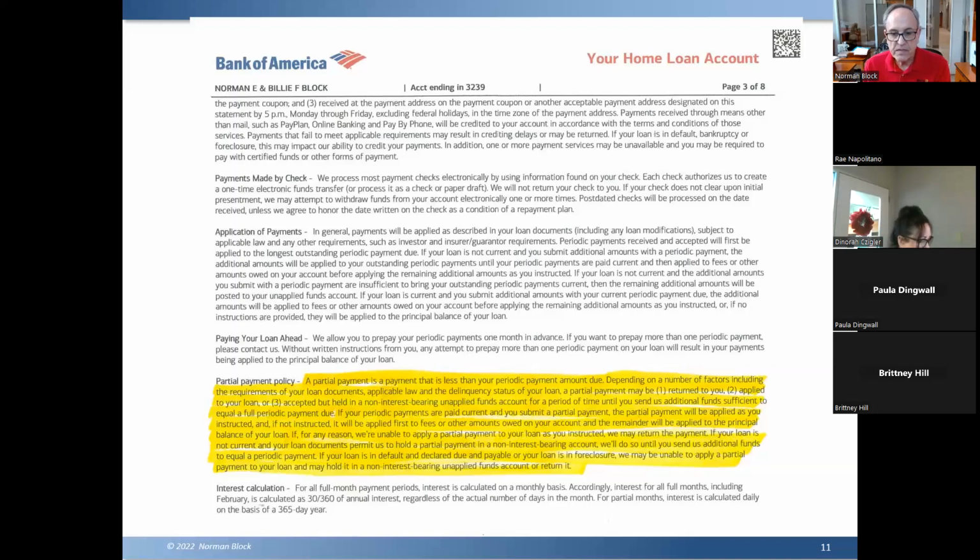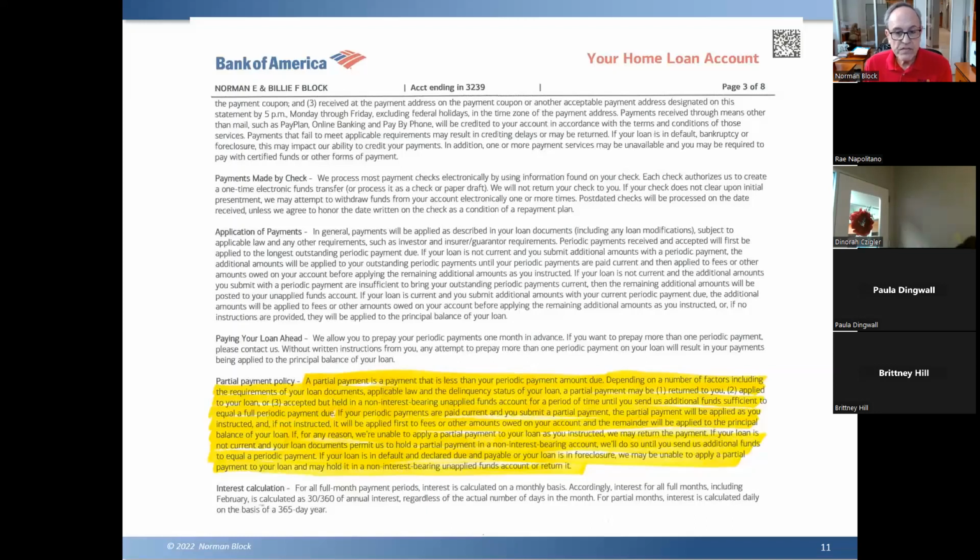Now listen to this. Depending on a number of factors, including the requirements of your loan documents, there you go, note and deed of trust, applicable law, and the delinquency status of your loan. If you paid it before the first, do they have the money on the first? If not, your loan's delinquent.